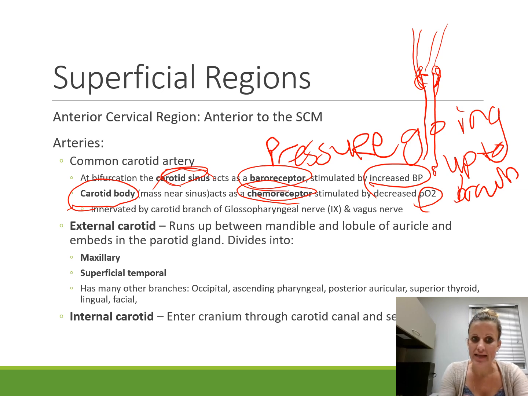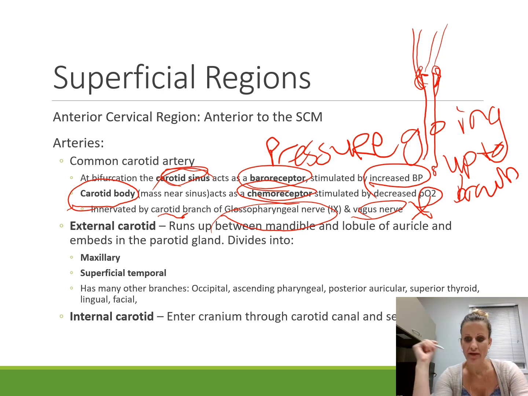The carotid sinus and carotid body are innervated by the carotid branch of the glossopharyngeal nerve, which remember is 9, and the vagus nerve, which is 10. So the common carotid artery, we said, bifurcates and becomes an external carotid artery and an internal carotid artery.